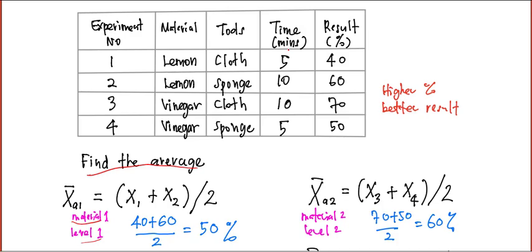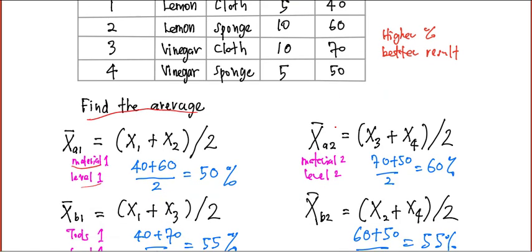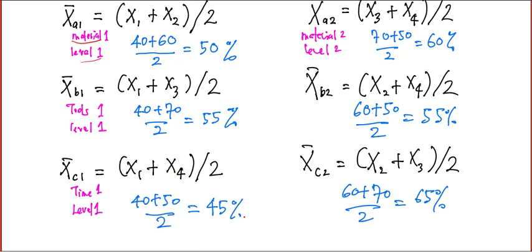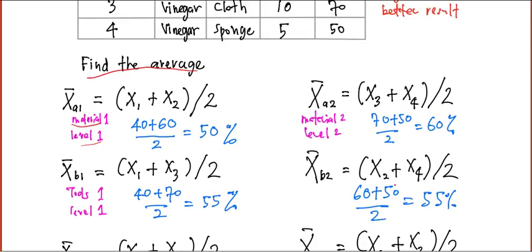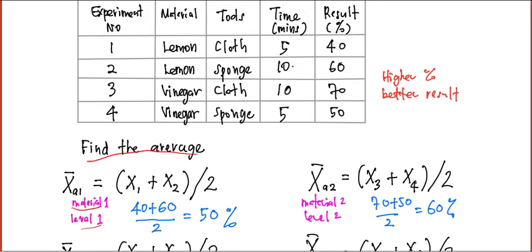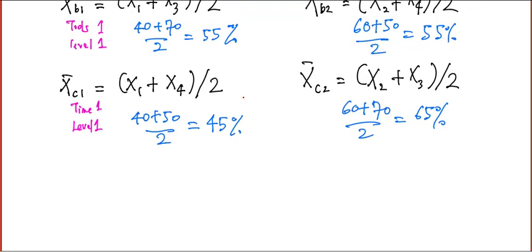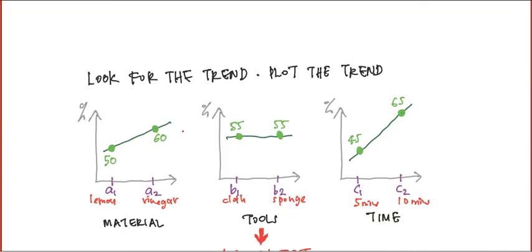For the time also we need to do this as our third parameter. 40 plus 50 divided by 2, the average value is 45%. And for this parameter time, its second level, 60 plus 70 divided by 2 will be 65%. So we have already found the average value for the effect of these parameters.